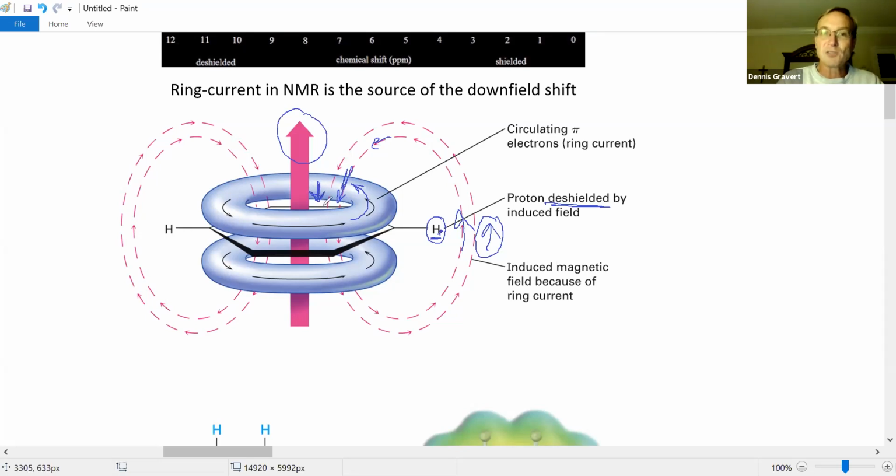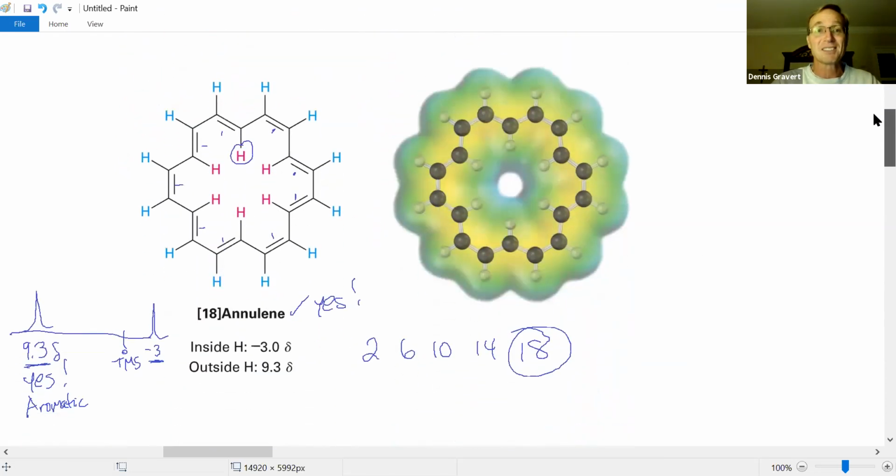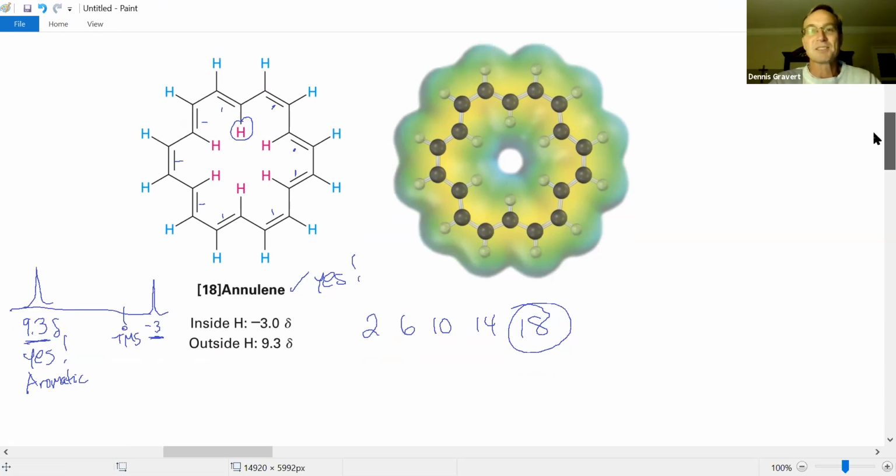And now if you have hydrogens inside the ring, like you do down here, they can feel the ring current's magnetic field that's downward, the spectrometer's field is upward, and together the net magnetic field is smaller, which results in an upfield shift to -3. It even goes farther past TMS. That is also evidence that yes, there is a ring current. So yes, it's aromatic. Cool.